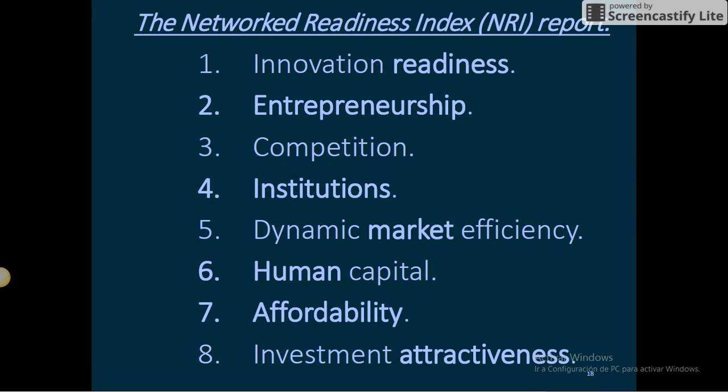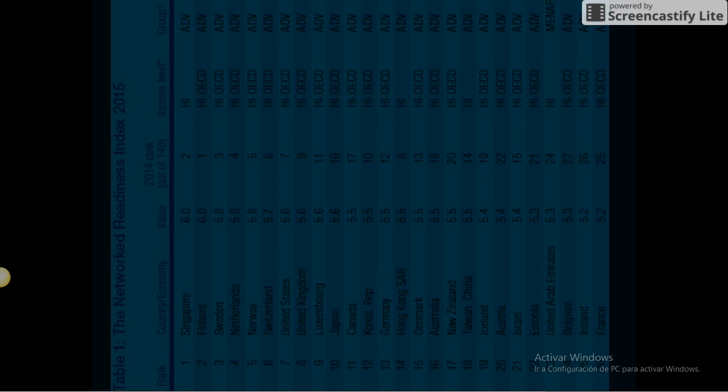The Network Readiness Index, NRI, report: 1. Innovation readiness. 2. Entrepreneurship. 3. Competition. 4. Institutions. 5. Dynamic market efficiency. 6. Human capital. 7. Affordability. 8. Investment attractiveness. Table 1. The Network Readiness Index 2015.